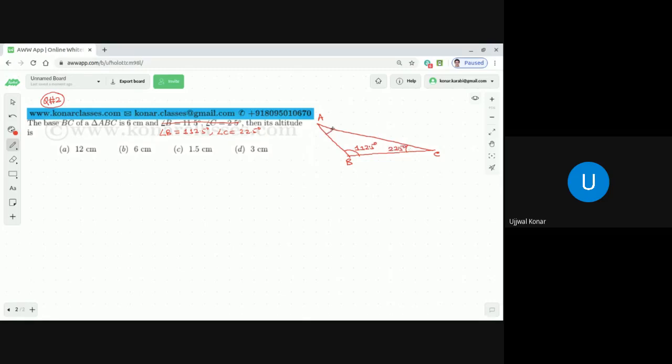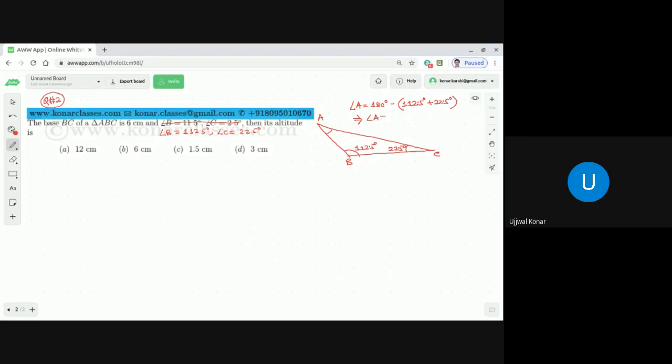So then this angle A should be what? Angle A should be 180 degree minus 112.5 degree plus 22.5 degree, that is 135 degree.